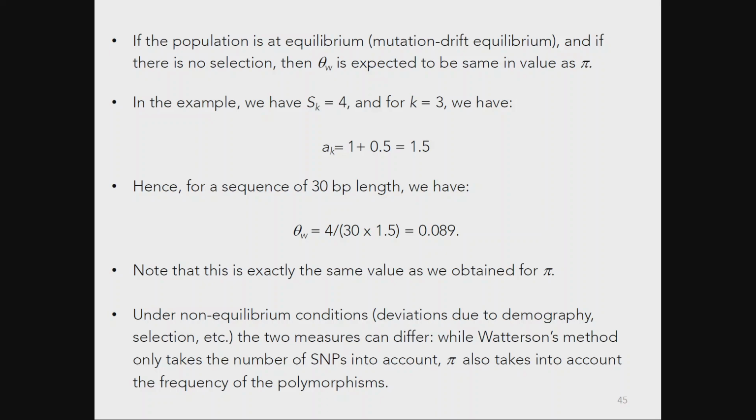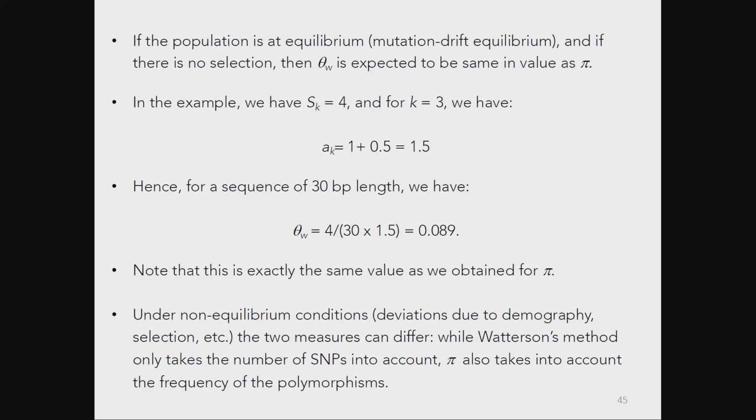This also comes from coalescent theory. Under so-called standard neutral conditions, standard neutral means a situation where the only game in town is genetic drift. There's no selection, no other evolutionary forces, just genetic drift.